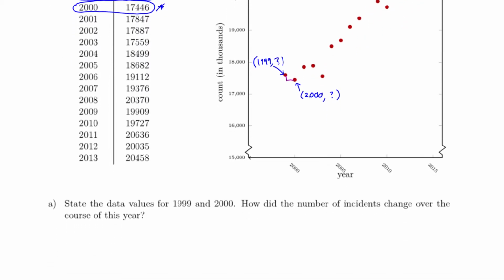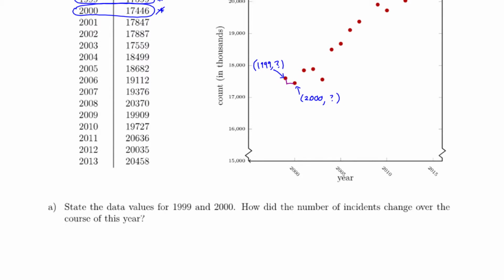So I'm going to come down to part A here and state the data values. For 1999, the number of incidents I have is 17,599, and for 2000, the number of incidents was 17,446.